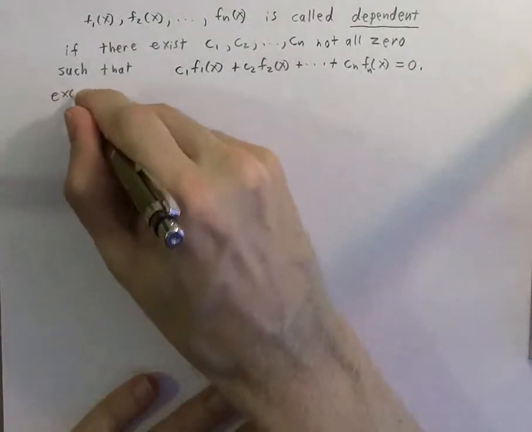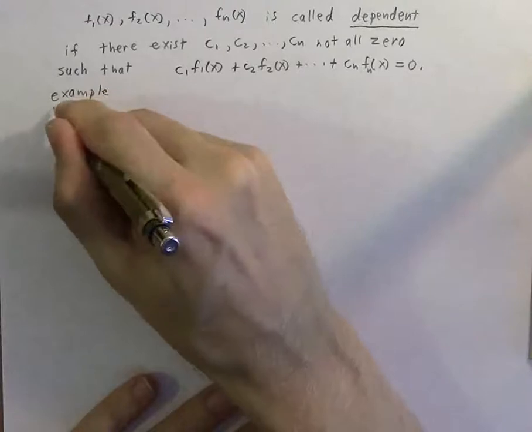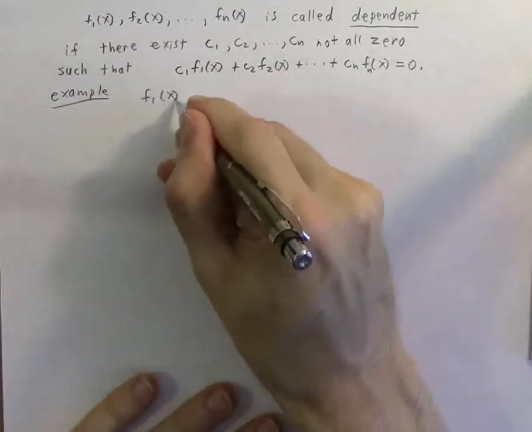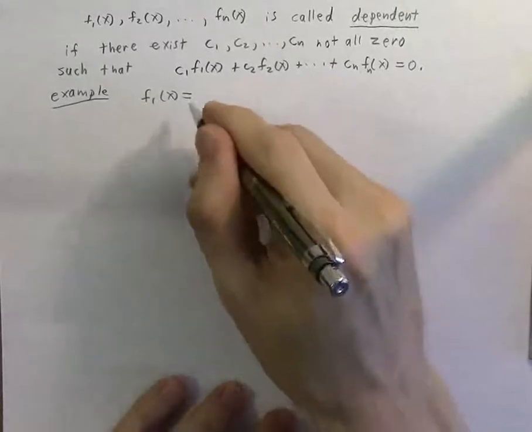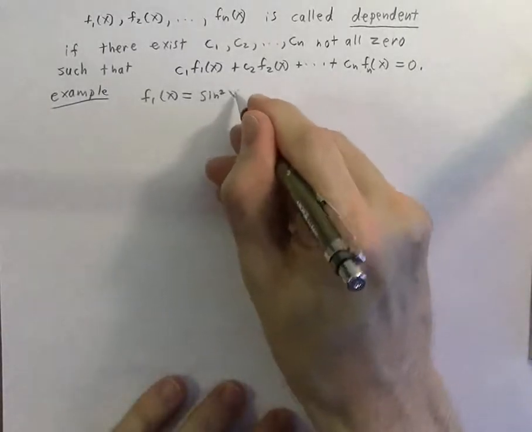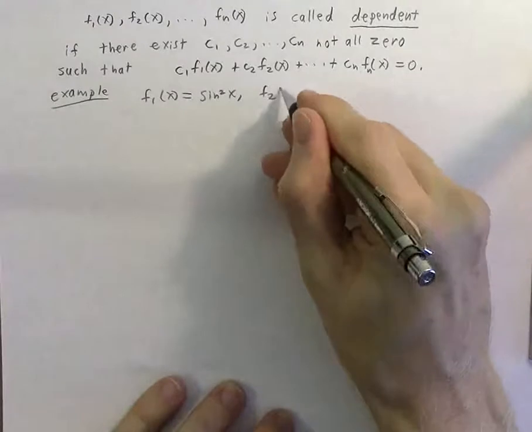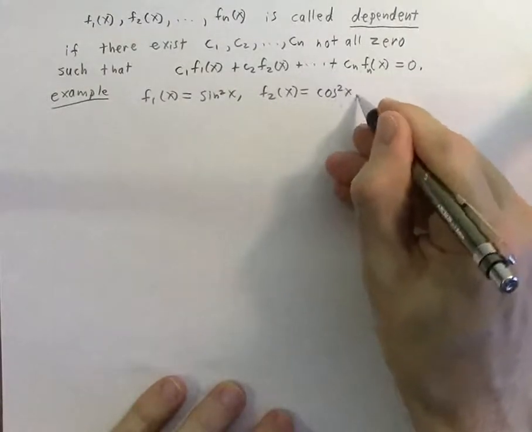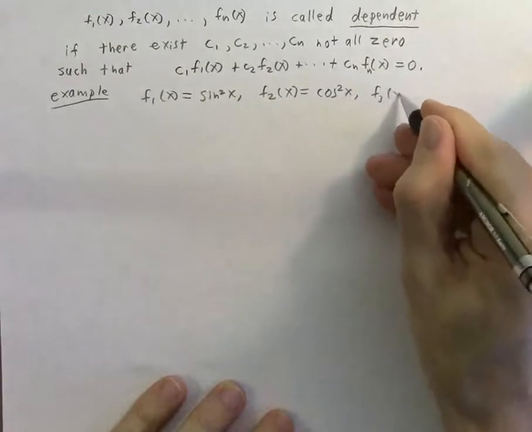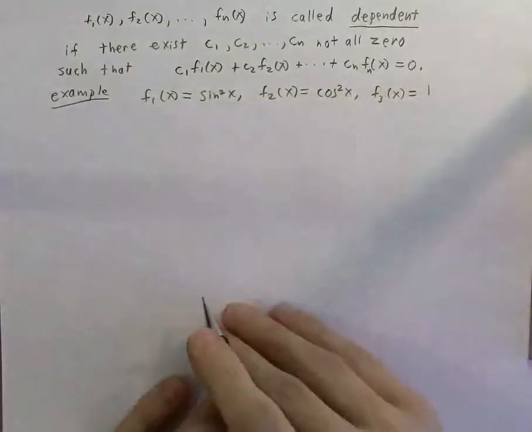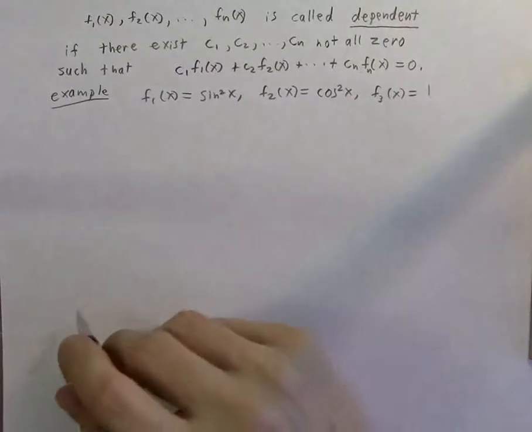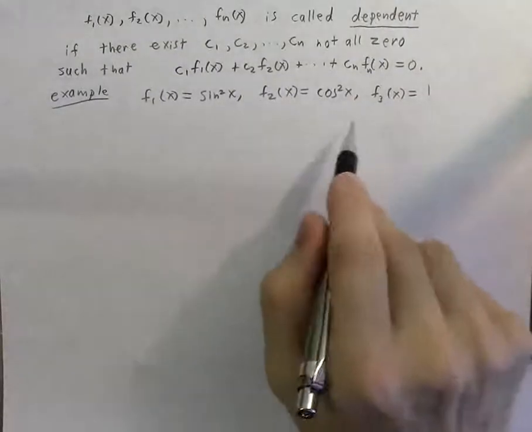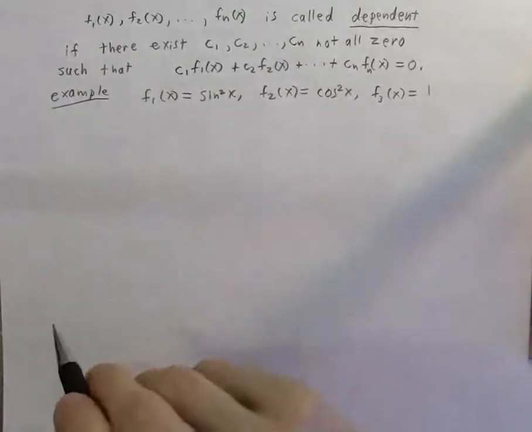So let's see how this works in an example. Let's let our functions be f1 of x equals sine squared of x, f2 of x equals cosine squared of x, and f3 of x equals 1. And then we'll see that this list of functions is linearly dependent.